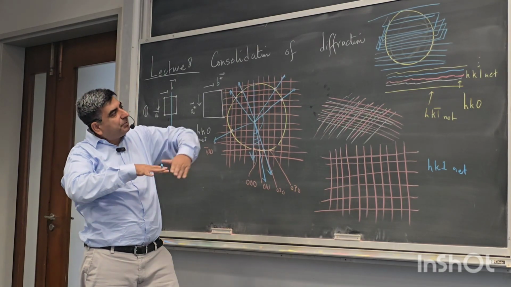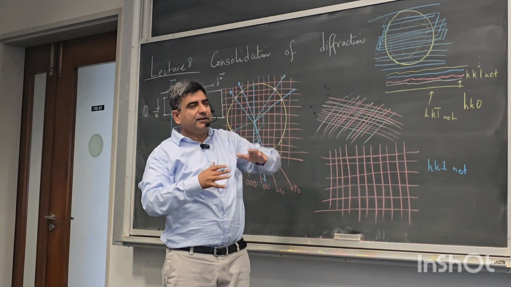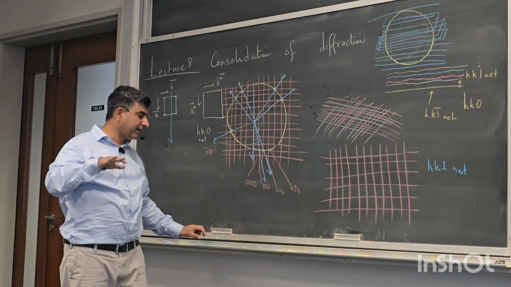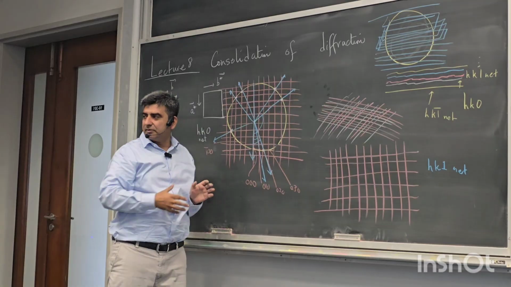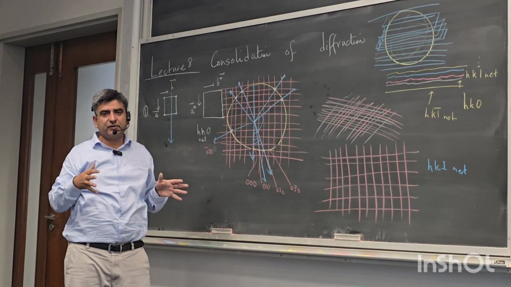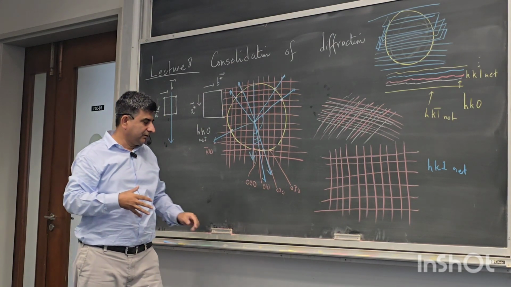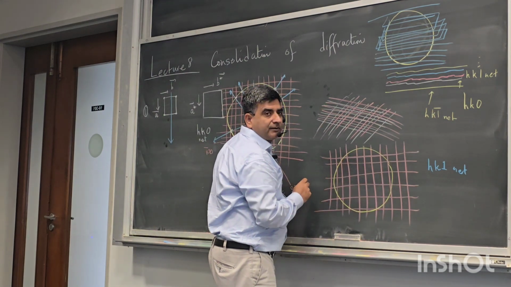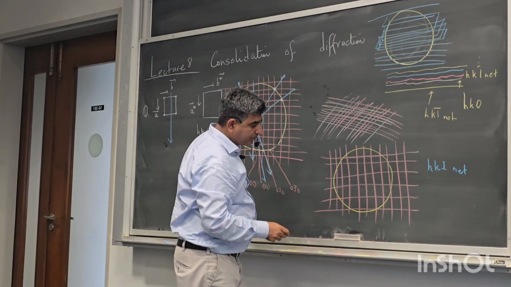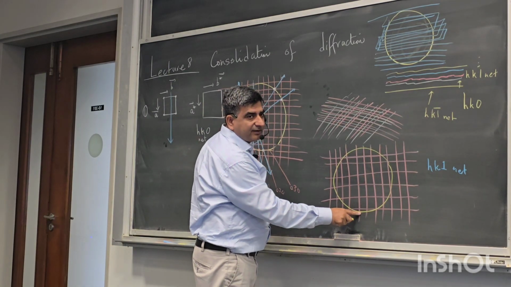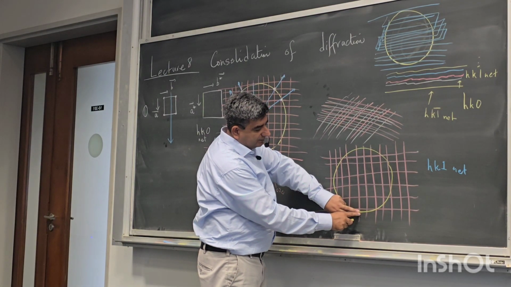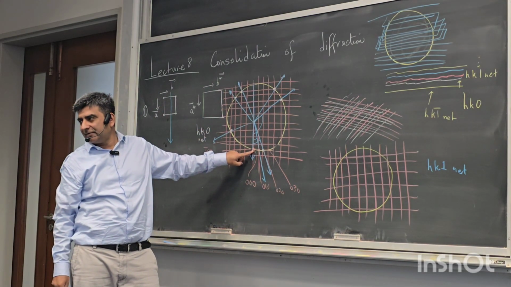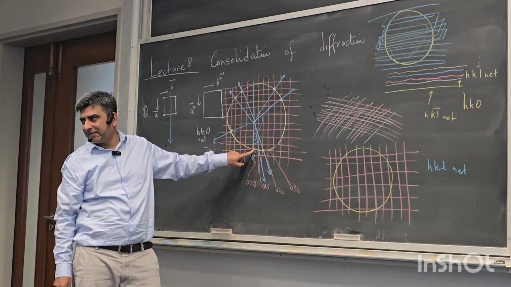Okay. So now if you're above the HK0 net, and you take a view of the Ewald circle in that net, the circle is going to be smaller. It's not going to be at its full diameter, so you'll draw a smaller circle. Now this exit point from the circle coincides with an X-ray.